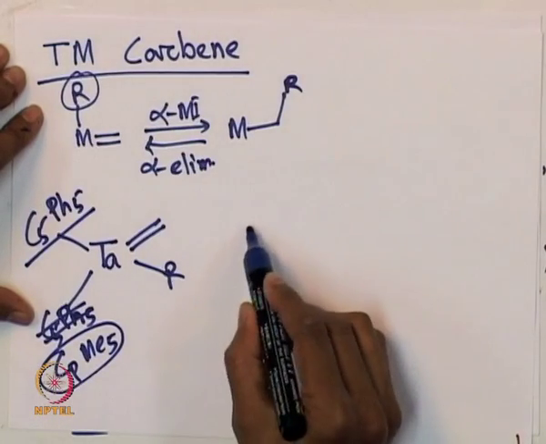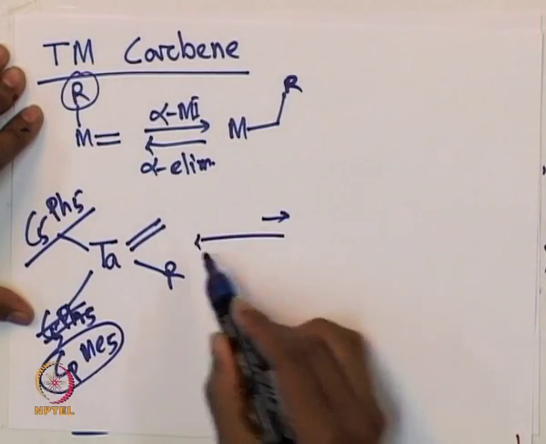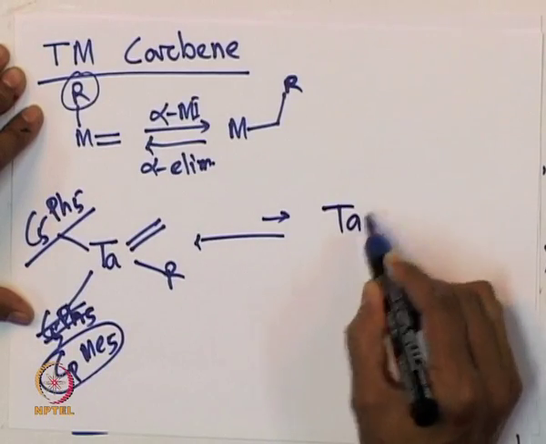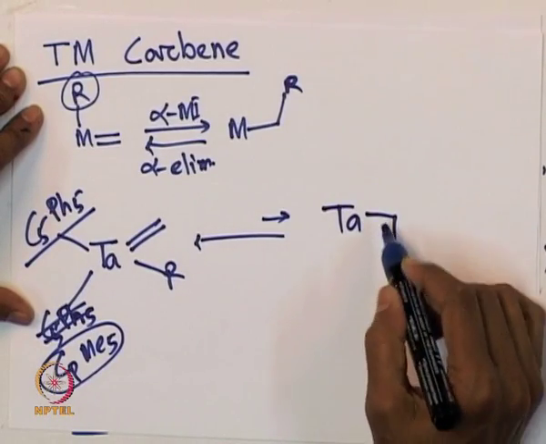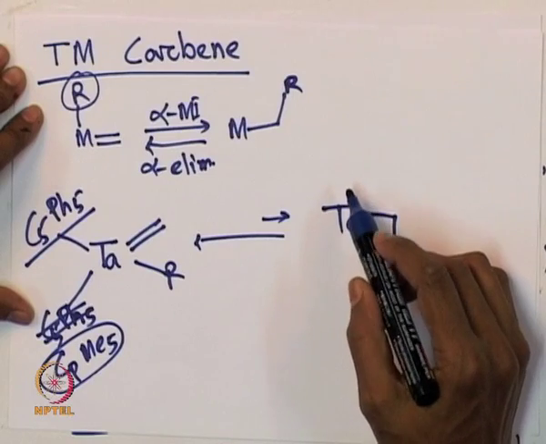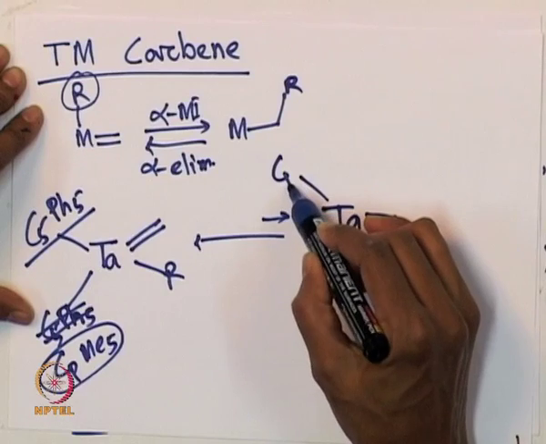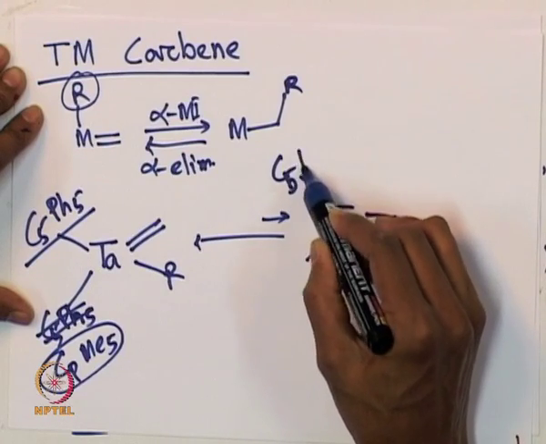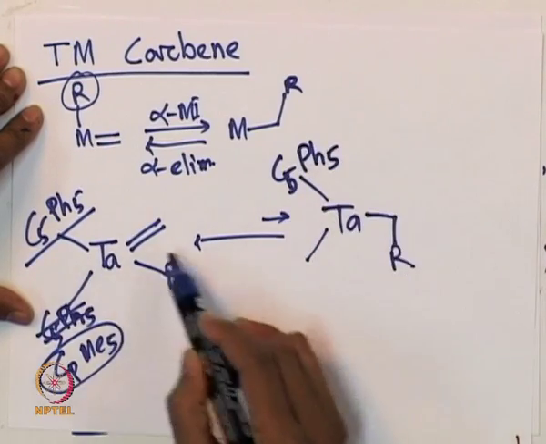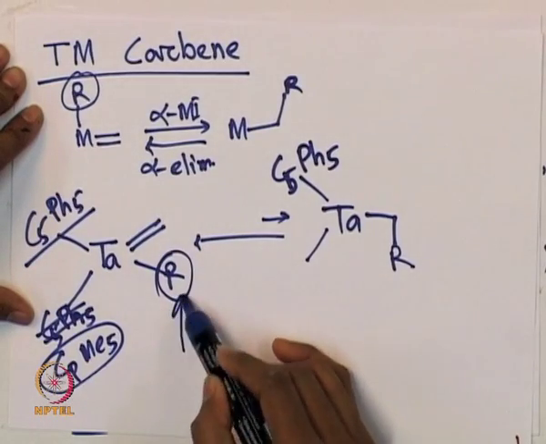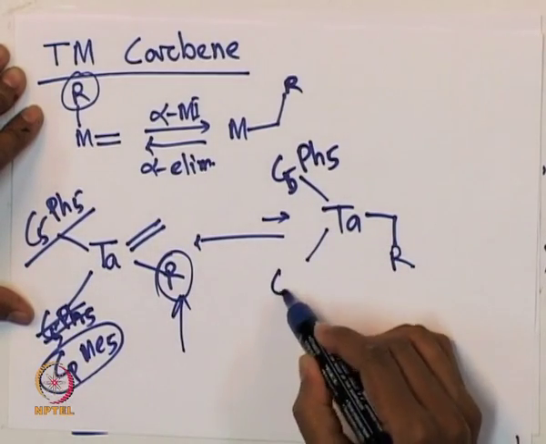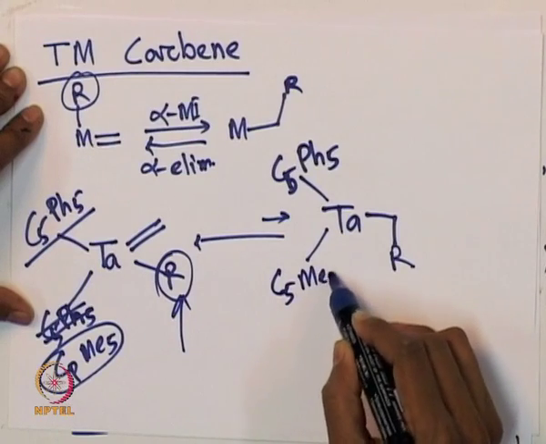This tetracoordinate tantalum complex was taken, and what was found is this tantalum complex has alpha migratory insertion happening, and in particular we have taken two different R groups, and we can have the product formation.